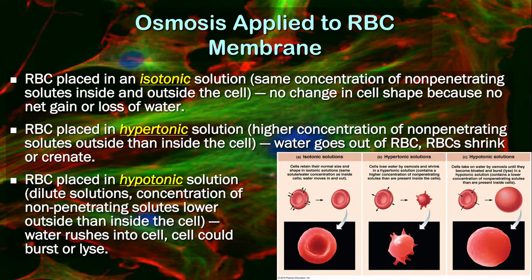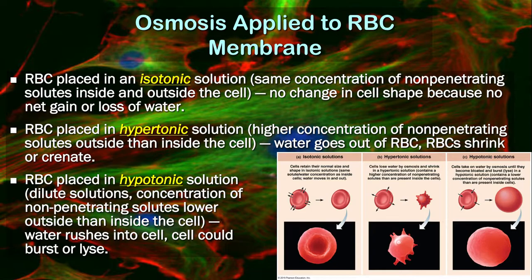Into the cell. All right, so now we've got the isotonic: there's no net movement. Hypertonic, the water is going to move out of the cell. Hypotonic, the water is going to move into the cell.